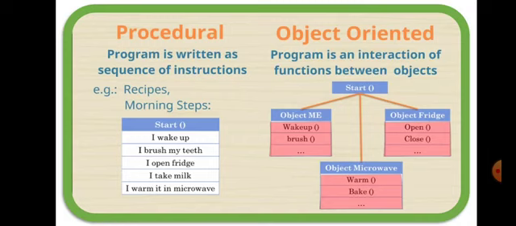Now let me tell you what this procedural language is. A program is written as a sequence of instructions. What do you mean by sequence, children? Sequence is nothing but first step, second step, third step, fourth step. So sequence means 1, 2, 3, 4. It is in a proper order.